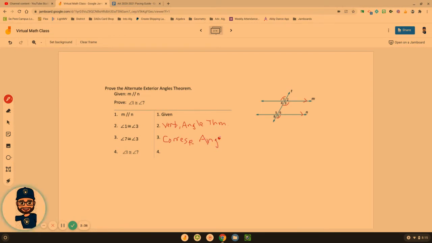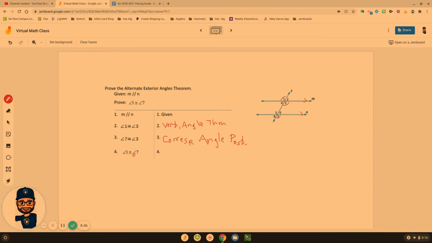Remember that if 2 lines are parallel, then corresponding angles are congruent. Line M is parallel to N. 3 and 7 are both in the bottom right of their group of 4. Because they're corresponding angles, they have to be congruent if those lines are parallel.